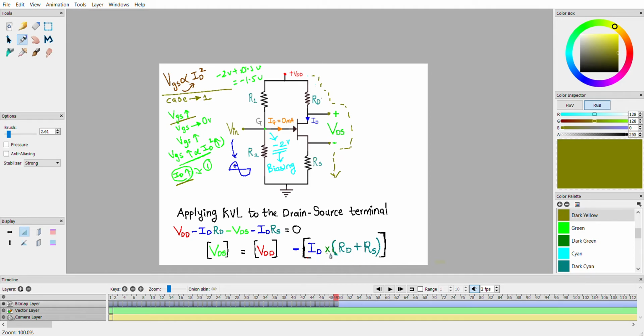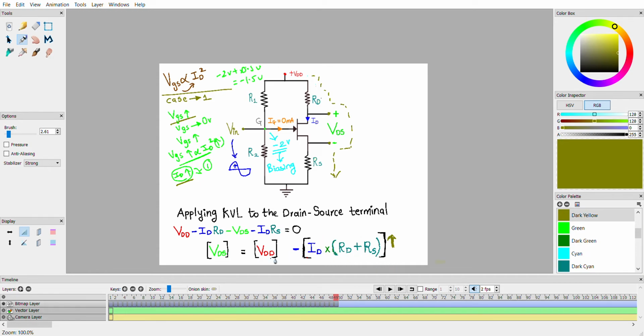Now look at this equation. If ID increases, that means this whole bracket, whatever the numbers would be, would get increased by a certain factor since our ID is increasing.